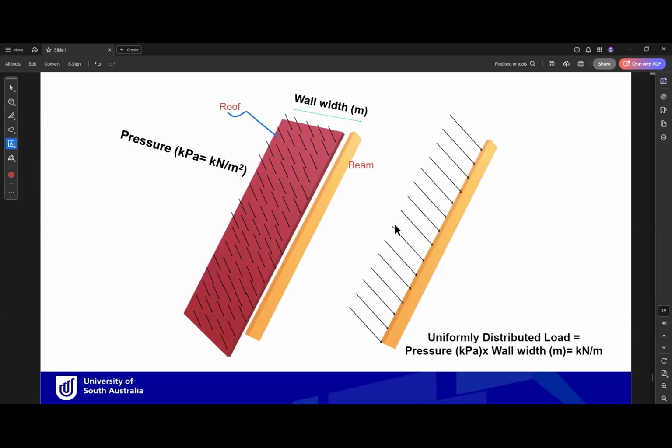Okay, so if you want to convert the pressure on the roof to a beam, you need to multiply the pressure times the load width of the beam.